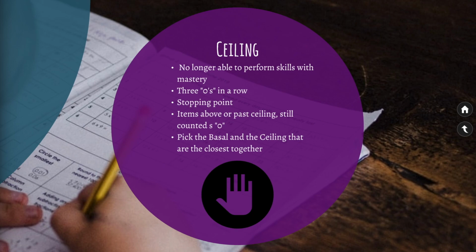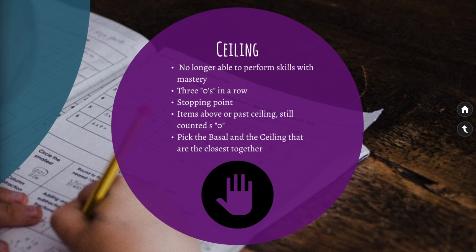What is ceiling? A child is no longer able to perform skills with mastery within a certain age range, demonstrated by the 3 zeros in a row. This is the stopping point.